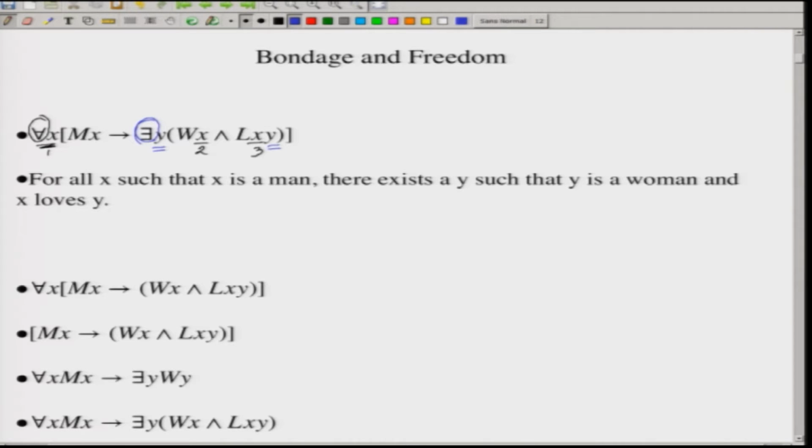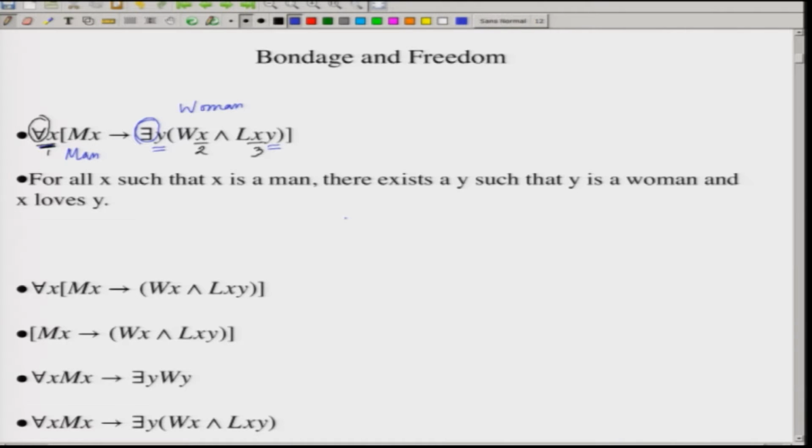Now, what does this mean? Let us roughly say that M stands for man and W stands for woman. If that is the case, then this means, first, for all x such that x is a man, there exists a y.